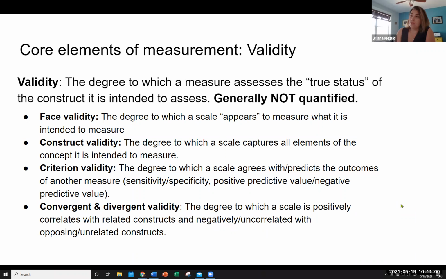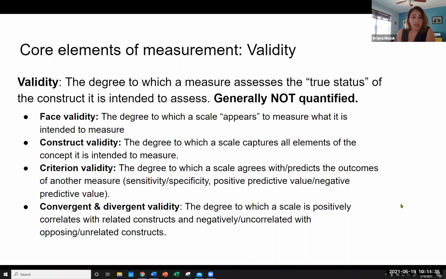There's criterion validity, which is the degree to which your scale either agrees with or predicts the outcomes of some other measure. We often metric this in terms of sensitivity and specificity, or positive predictive value and negative predictive value. So the degree to which your scale agrees with what a psychiatrist says about whether a person has depression or not would be an example of criterion validity, where we assume for the sake of argument that the psychiatrist's opinion of your mental status is the criterion.